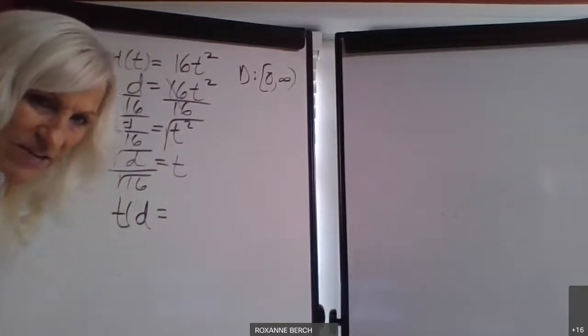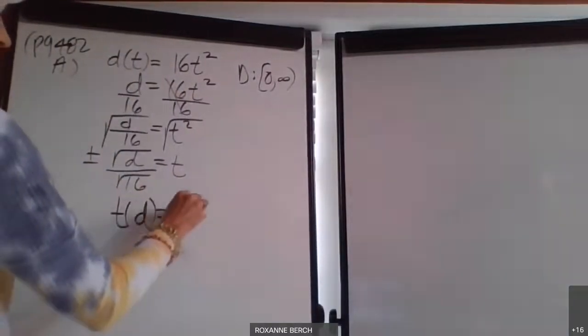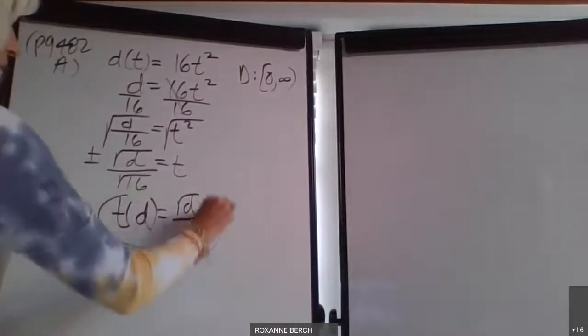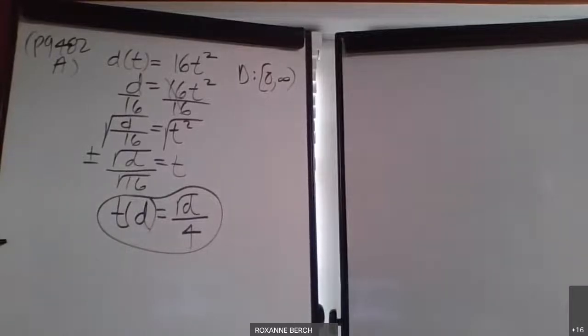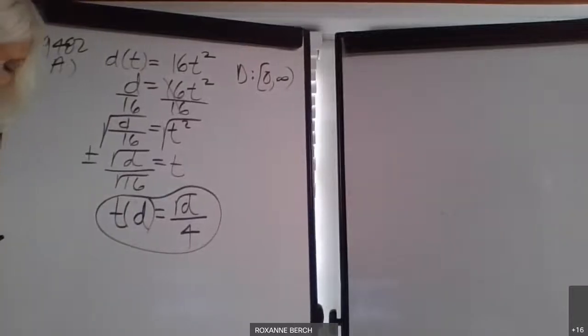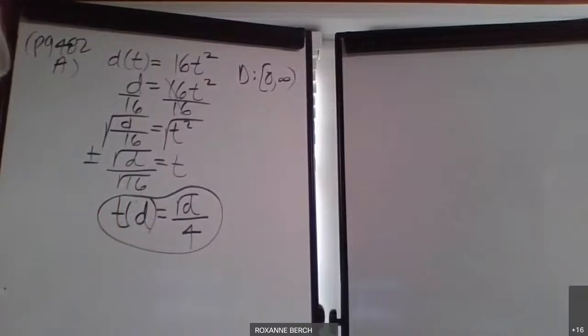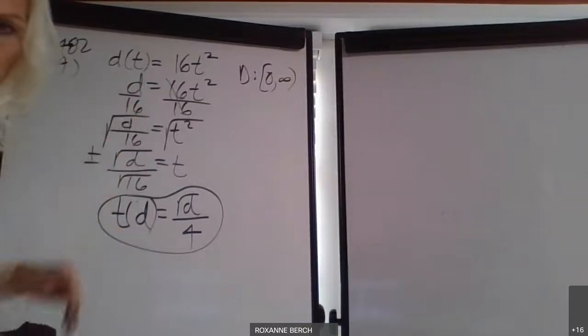Distance, time, negative doesn't make sense. This would be the square root of d over 4. So they gave us the distance in terms of time, and we wrote a function, which is an inverse function, which is time in terms of distance. So don't switch the variables, just solve for t.